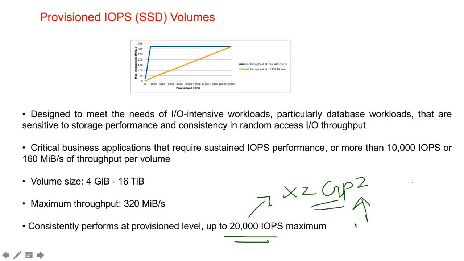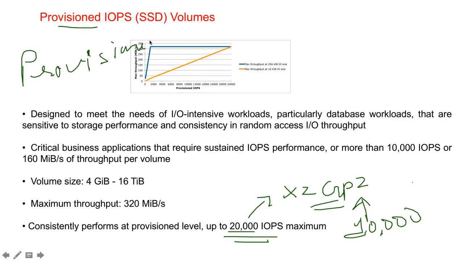In the general purpose SSD, we just get 10,000 IOPS maximum, but in the Provisioned IOPS, we get 20,000, which means that we can let double the amount of input and output operations be carried out upon the volume, which means you can expect double the performance from this Provisioned IOPS as compared to the general purpose SSD. And also, as the name implies, you can provision your own IOPS under the 20,000 category.